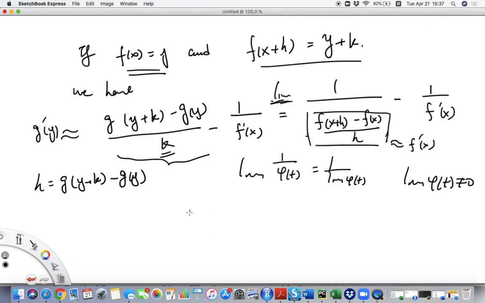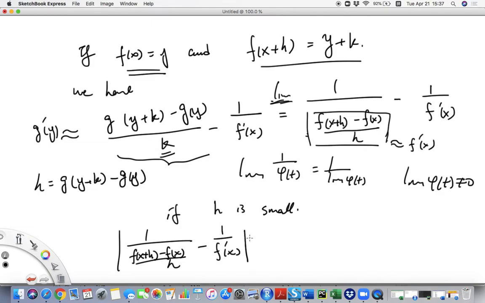Then if h is small enough, the absolute value of 1 over [f(x + h) - f(x)]/h minus 1 over f prime of x can be very, very small. Okay, so that's that.